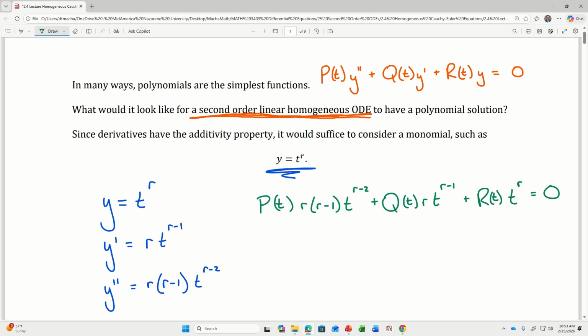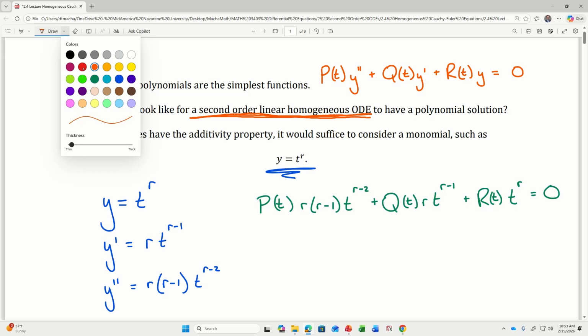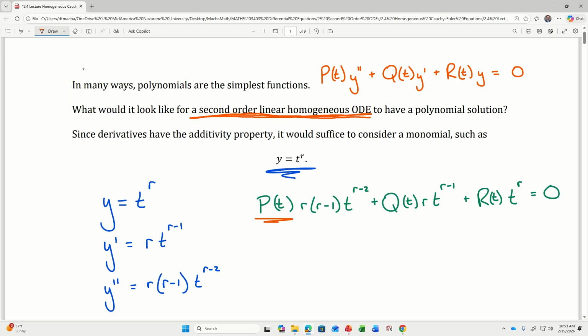So what would it look like for the left side of the equation to be equal to 0 for all values of t? Well, it would actually be really nice if we could group the same powers of t and make all of the powers of t be t to the r, right? And so it would make sense for P of t to be like t to the 2 power, and Q of t to be t to the 1 power.